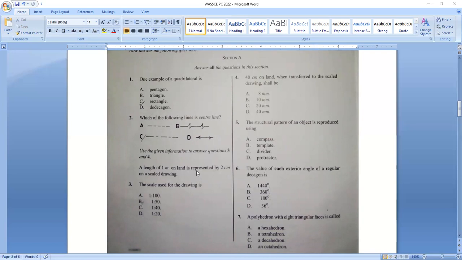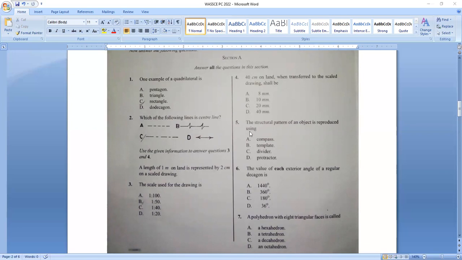So they now said that the scale used for the drawing is 1:50. That means we have 2 centimeters divided by 1 meter. That is 2 centimeters over 100 centimeters, and that will give us 1:50. Then question 4 says that 40 centimeters on land, when transferred to the scaled drawing, shall be 8 millimeters. So please do the calculation.